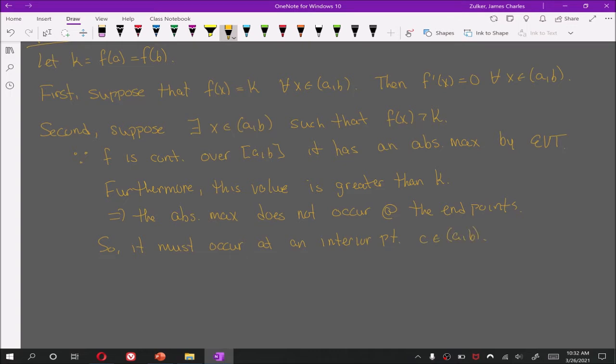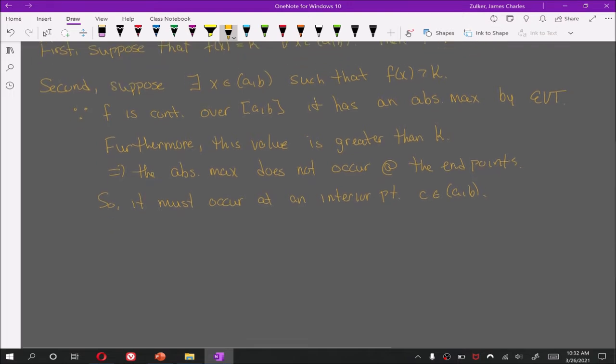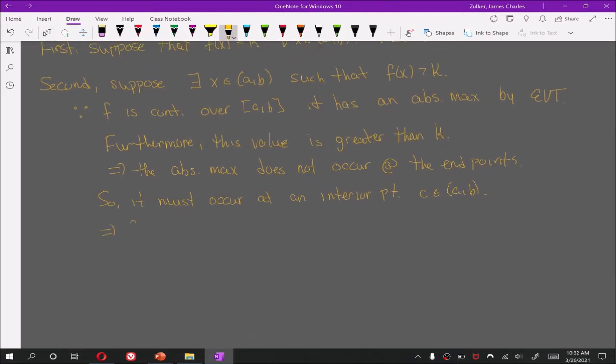Now, f of c is a maximum, so f prime of c has to equal 0 by Fermat's theorem. Again, studied in the previous video in this series. Well, we found the point then. We found the c such that f prime of c is 0.